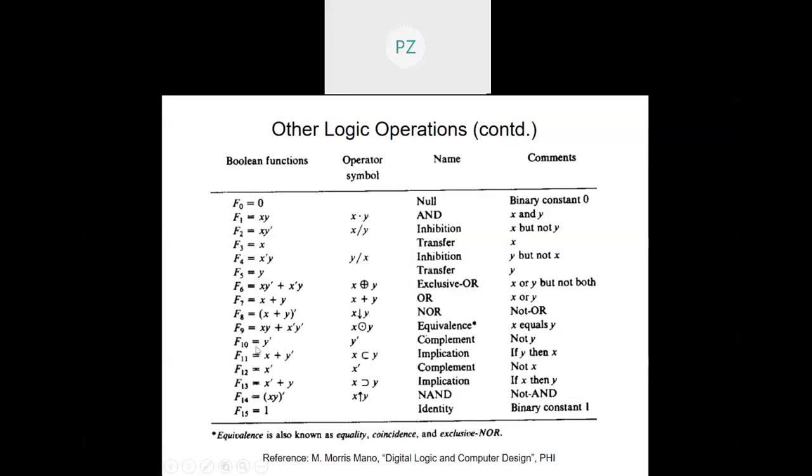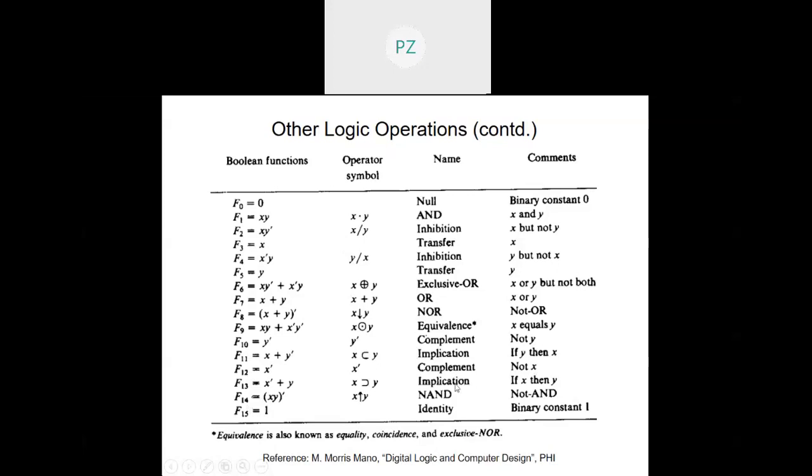Then F10 is the complement function. You're already familiar with this, not y. X plus y dash is implication. If y, then x. It is denoted by this. F12 is x bar. This is another complement, but this time the complement is not x, whereas the earlier one was not y.